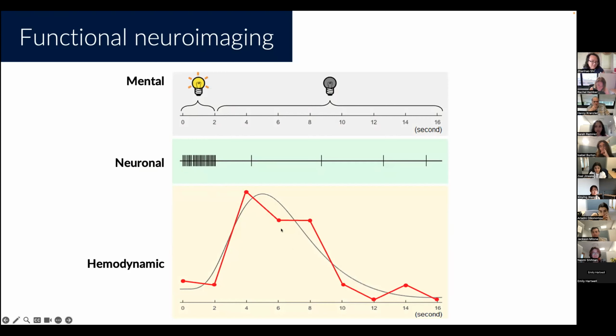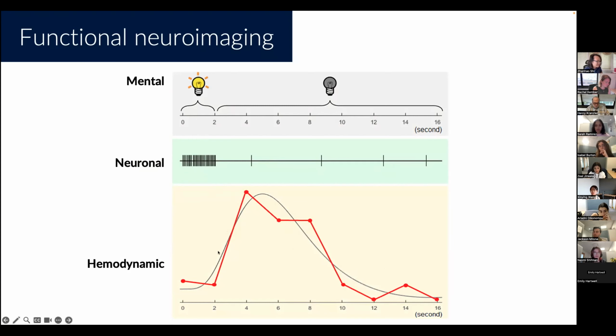Usually the fMRI is a noisy measure, so you will not have a smooth curve. You will have a zigzag curve looking like this. Our job is to take this noisy zigzag fMRI signal and try to infer what was going on in the brain.